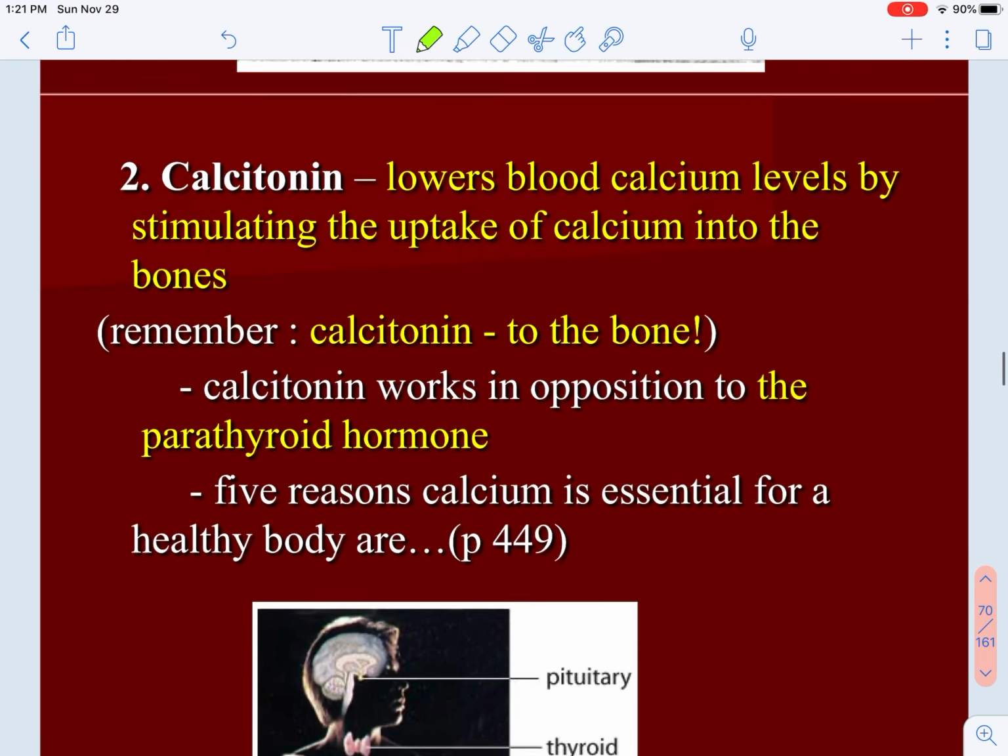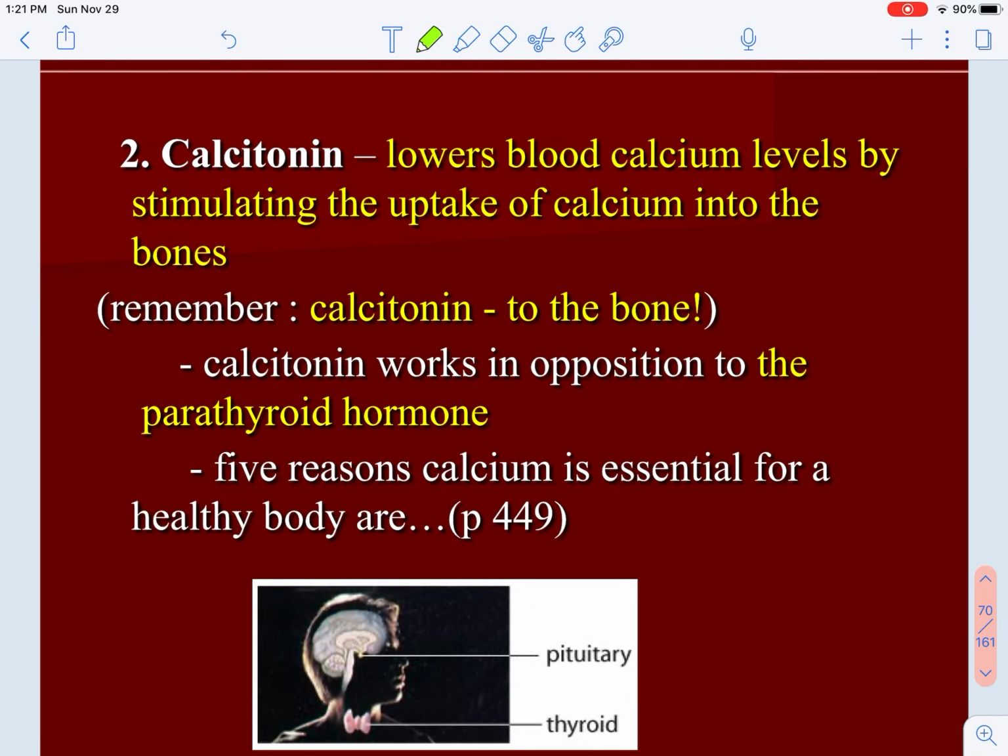Okay, we are going to look at the other hormone coming from the thyroid before we go through the slides on those disorders. The other hormone coming from the thyroid is calcitonin, and as the name suggests, it will increase the bone levels of calcium.